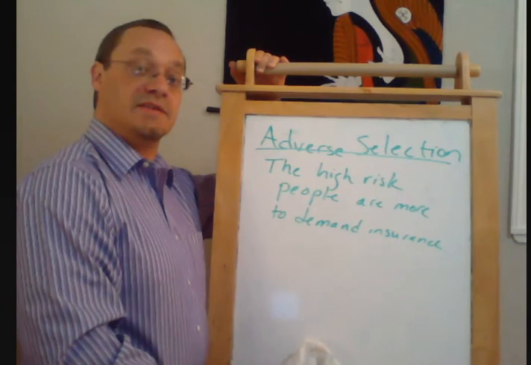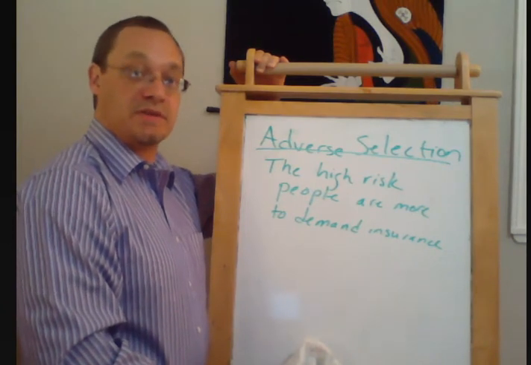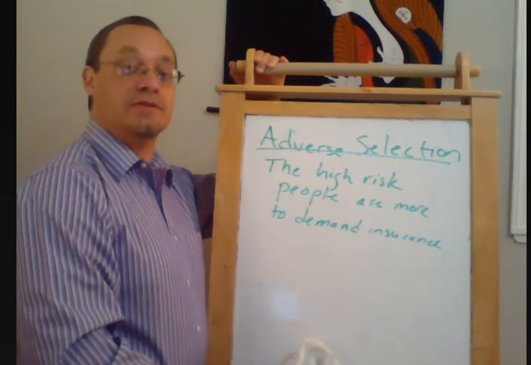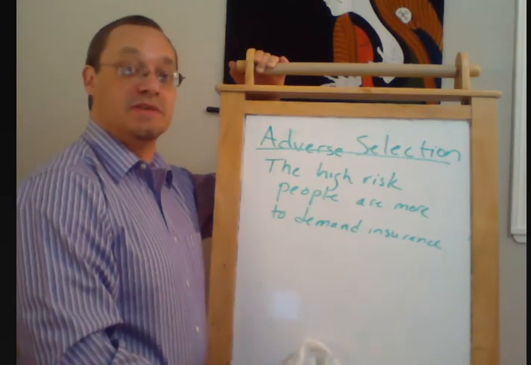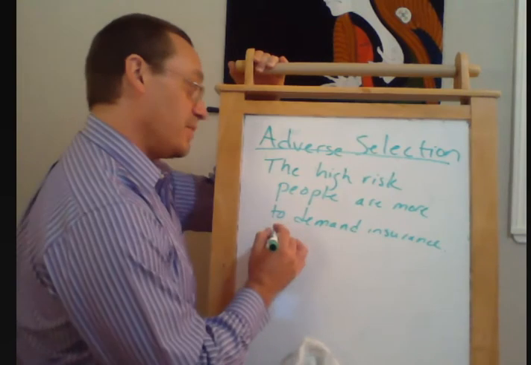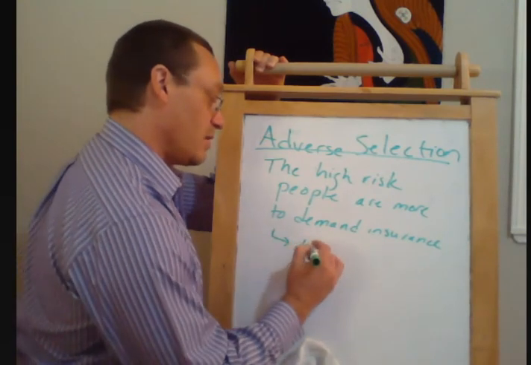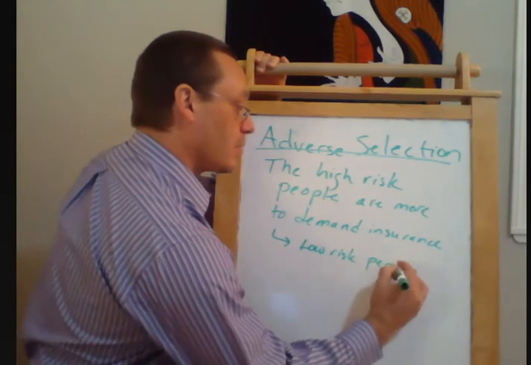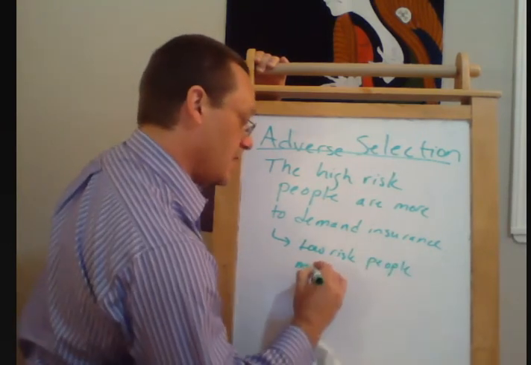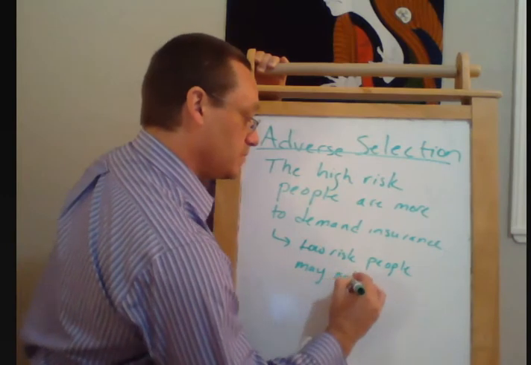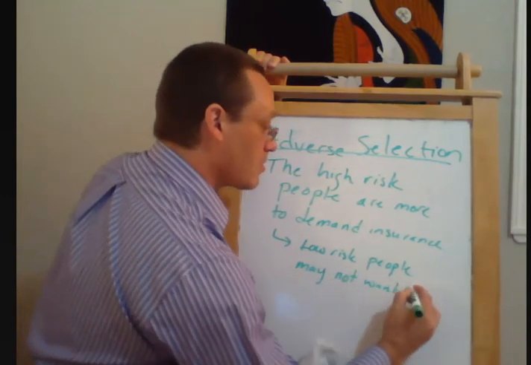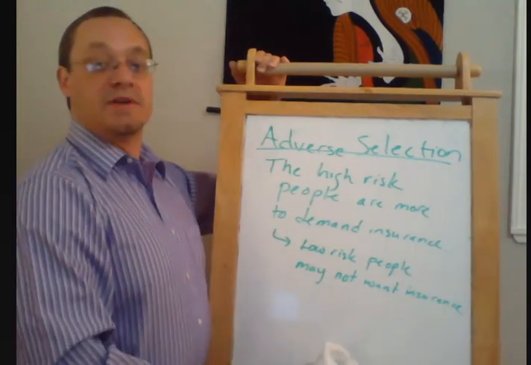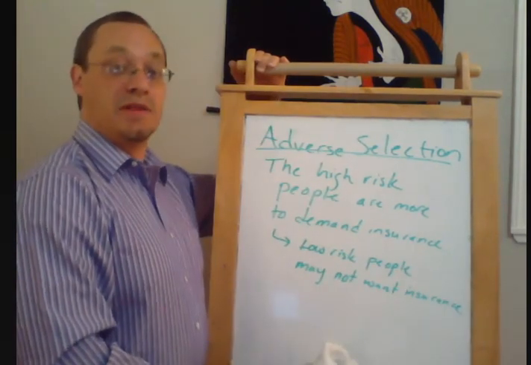But if they can't tell who the high-risk versus low-risk people are, or if they are not allowed to charge different prices based on people's risk levels, then what's going to happen here is low-risk people may not want insurance. Because for the low-risk people, the insurance is a really bad deal.